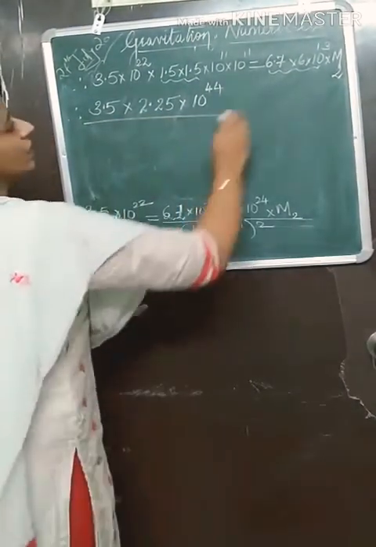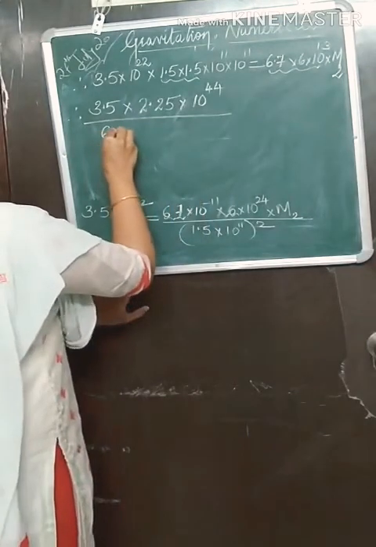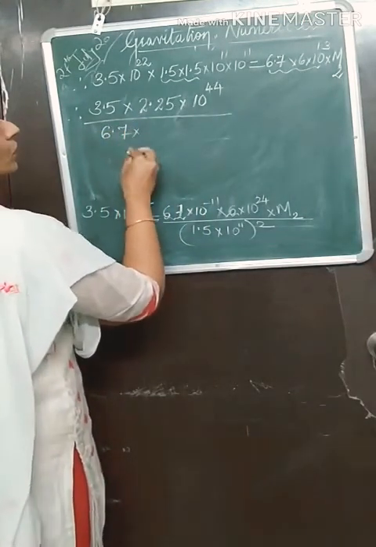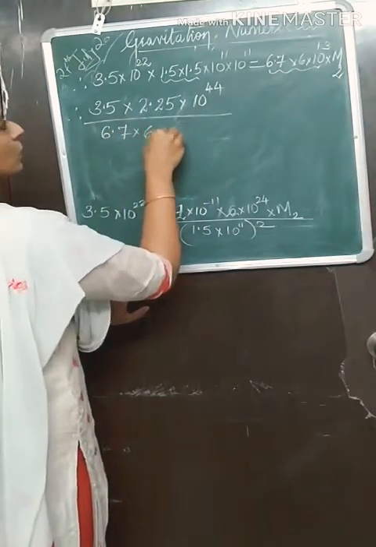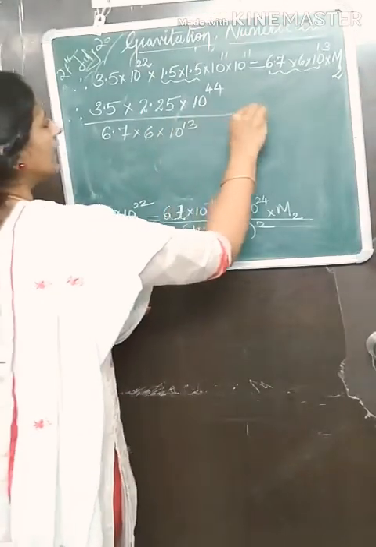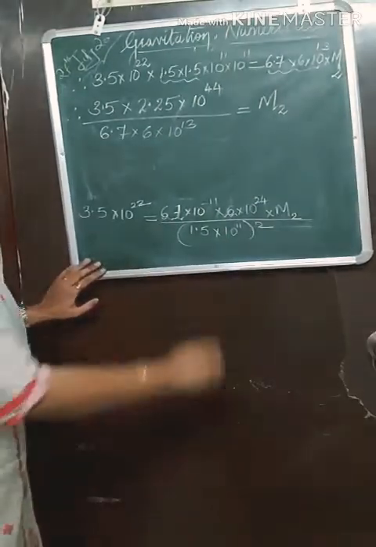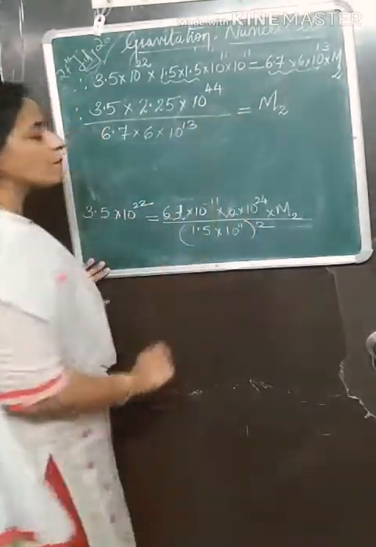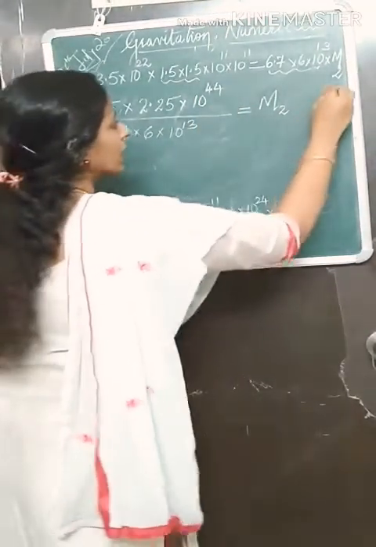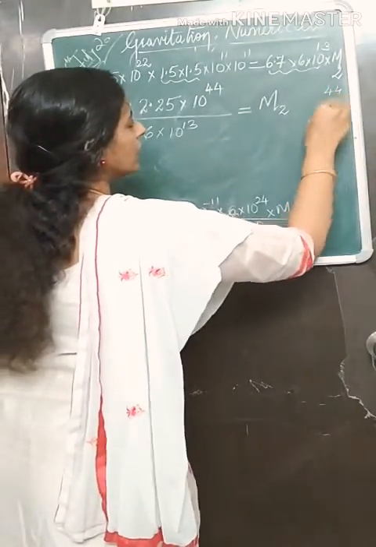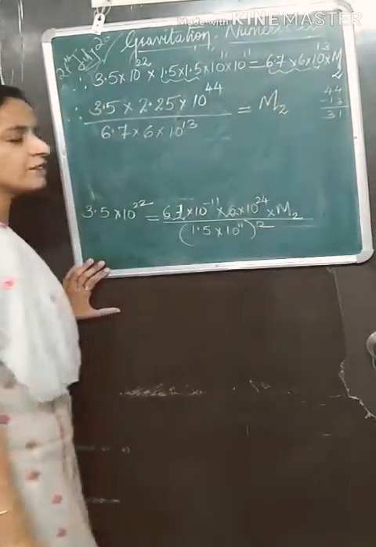Upon, this will come down, 6.7 into 6 into 10 raised to 13, equal to mass of the sun, or m2. Now here this 10 raised to 13, when it goes up, will become minus 13. 44 minus 13, you will get 31.